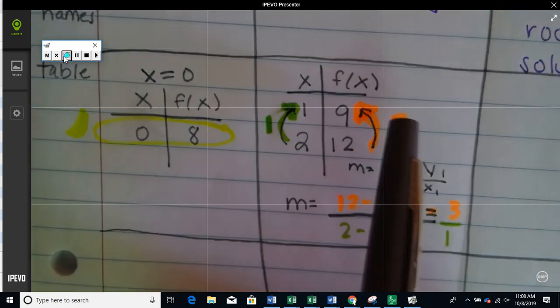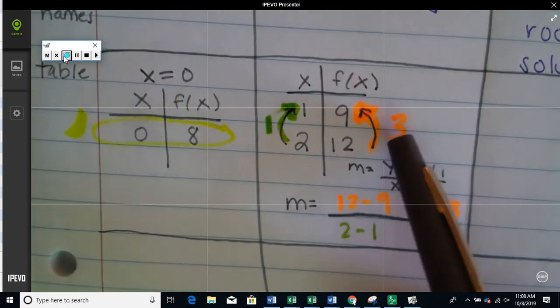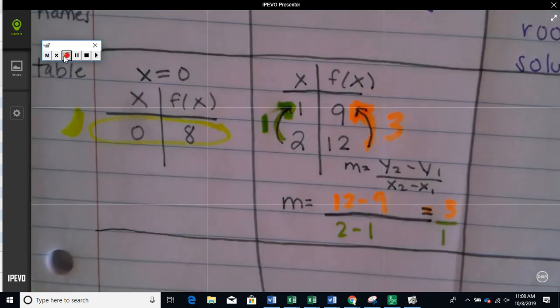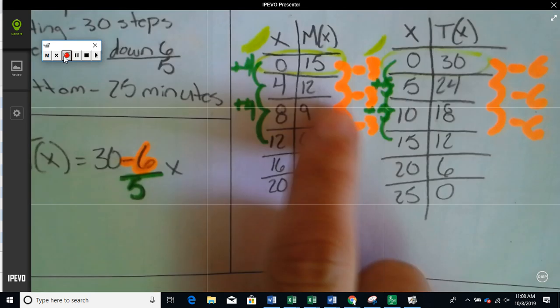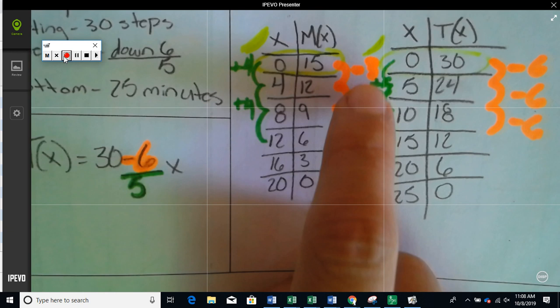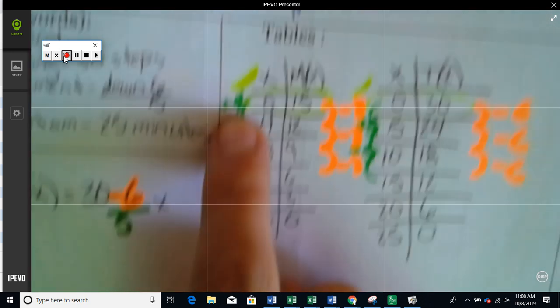So, I'm expecting to see this when you take your quiz. I'm expecting to see this one. Now, for this, it should look like the quiz that we took. If your quiz does not look like this, please make sure you have it. See how we did from 12 to 5, it was a difference of 3. From 4 to 0, it was a difference of 4.